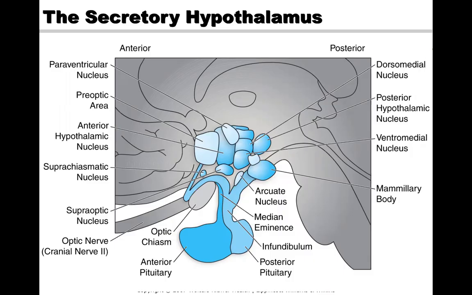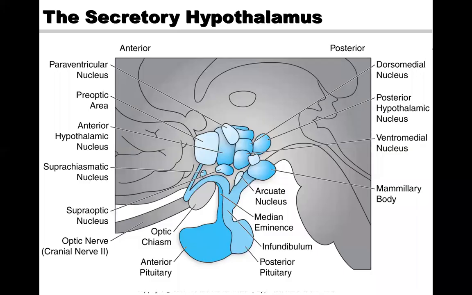Why neuroendocrine? Neuro because it's part of the nervous system, endocrine because it helps in the production of hormones, and it itself produces several hormones too. So it has a nervous system function and an endocrine system function. As such, it is known as a neuroendocrine gland.